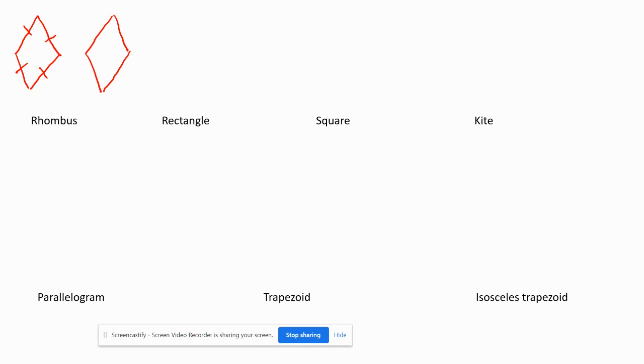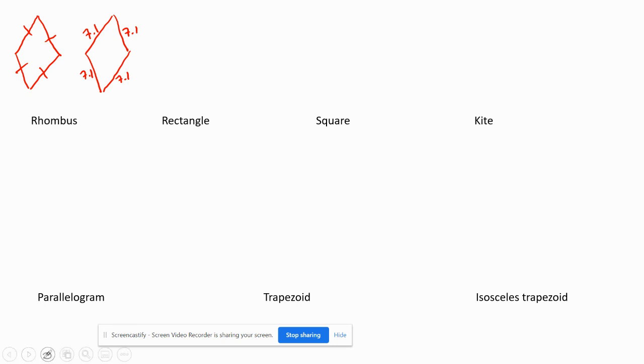I can either mark them with slashes, or with numbers, I can even use decimals. I mark them all with the same slash or the same number. So a rhombus is a figure where all the sides have the same length. That's a rhombus.